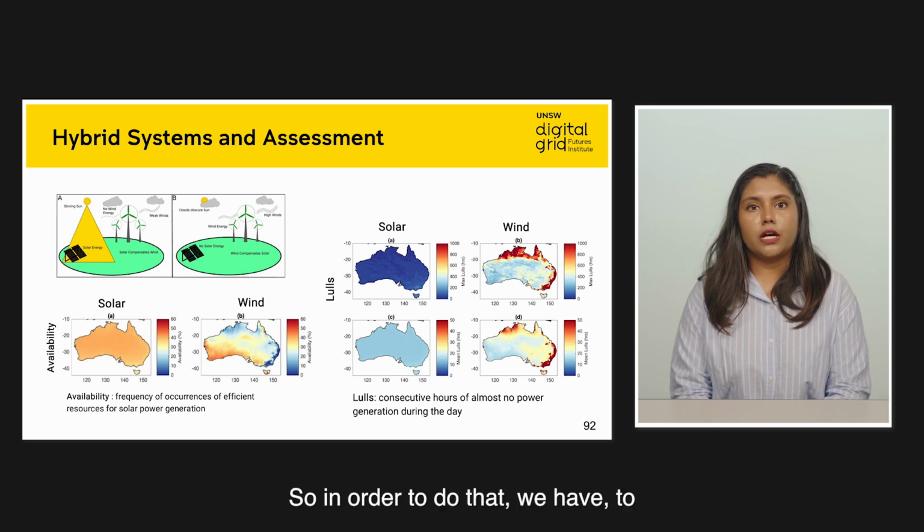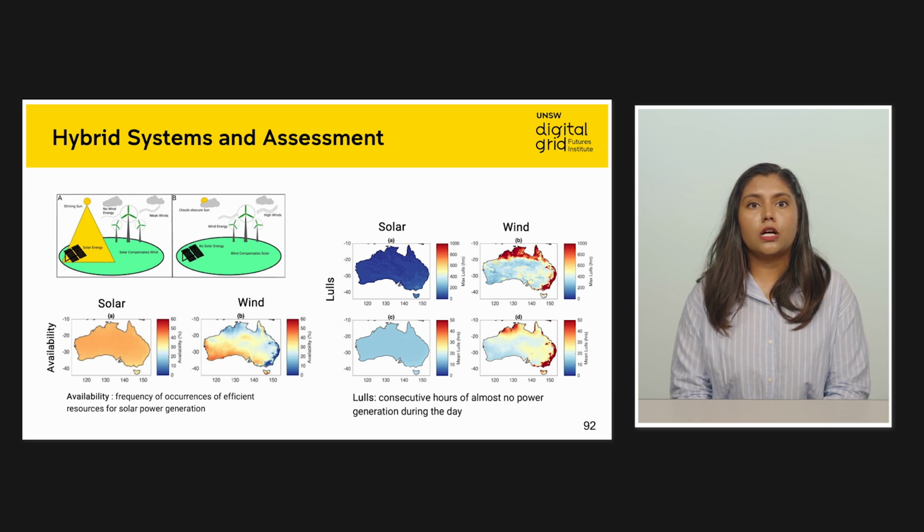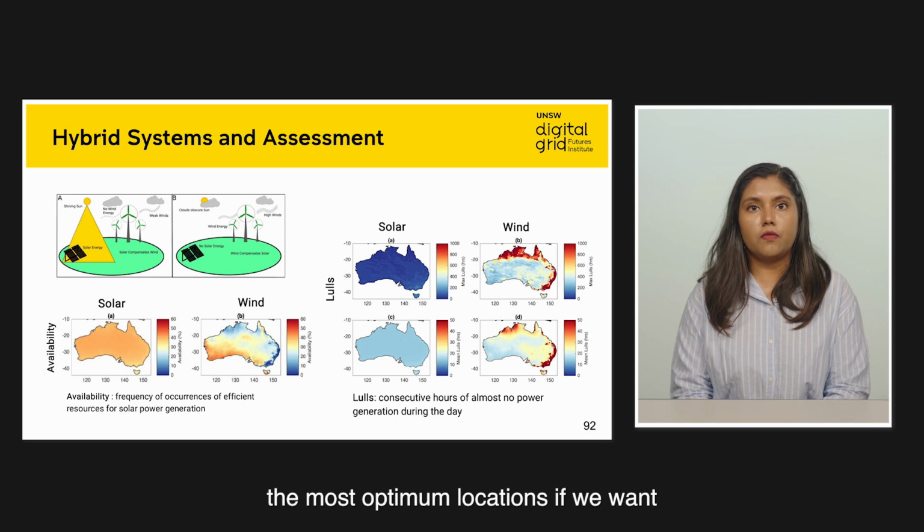So in order to do that, we have to understand the availability of the resources and which are going to be the most optimum locations if we want to have hybrid systems across Australia. So availability is the number of hours where you have favorable generation.